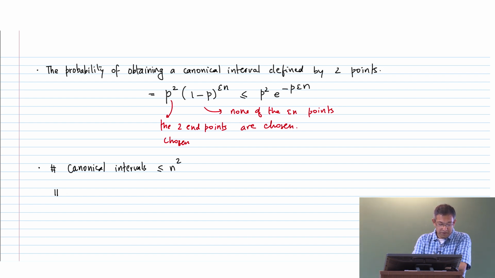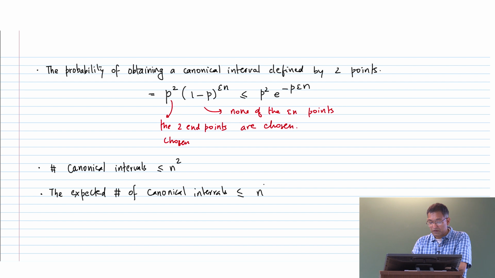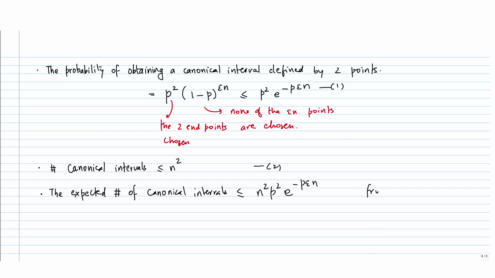So the expected number of canonical intervals is at most n square p square e to the minus p epsilon n, right? So this is the expected number of canonical intervals.